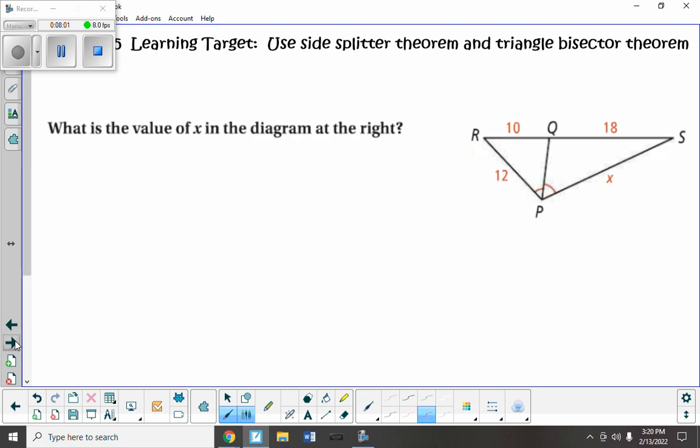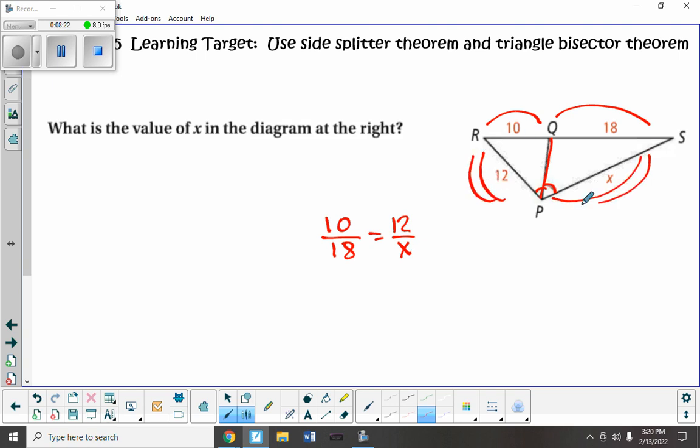So again, this is a bisector right here. So the bottom to the bottom, so 10 to 18 is to 12 to x. So 10 is to 18 as 12 is to x.